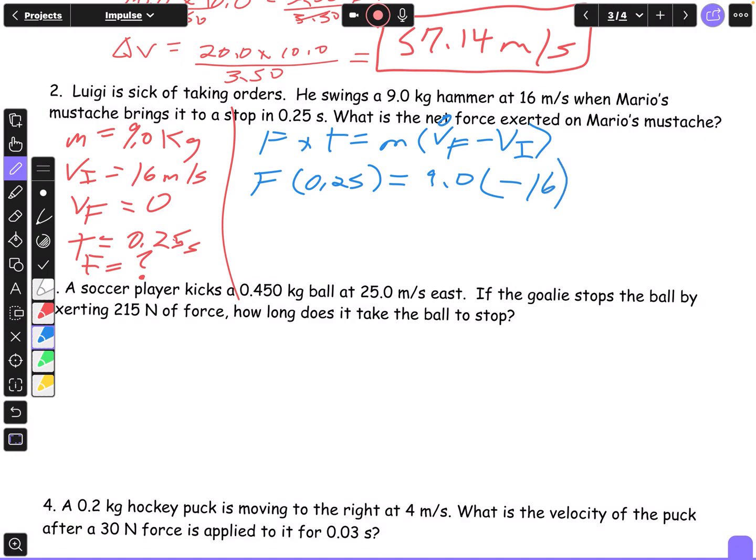And then if I solve for F, I'm going to divide both sides by 0.25, so that would equal 9.0 times negative 16 divided by 0.25.